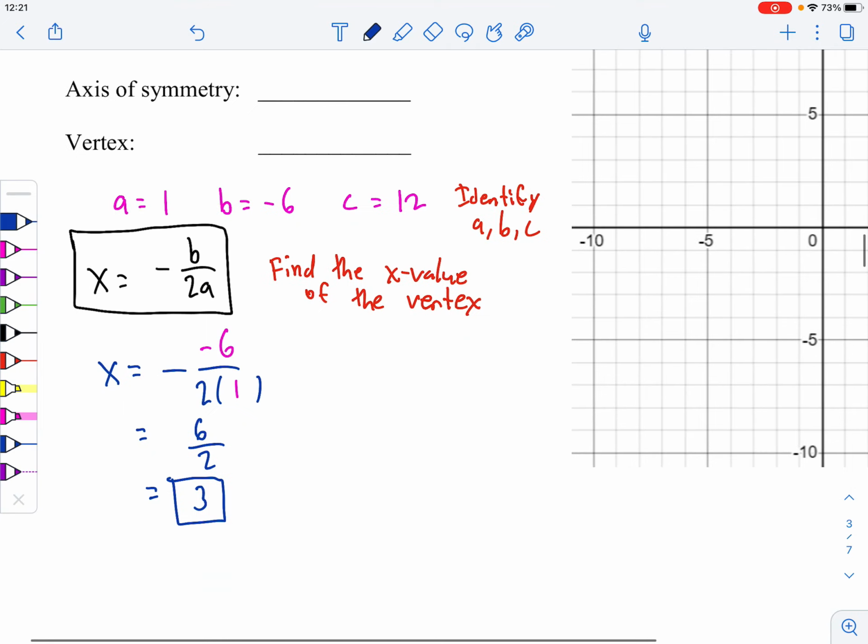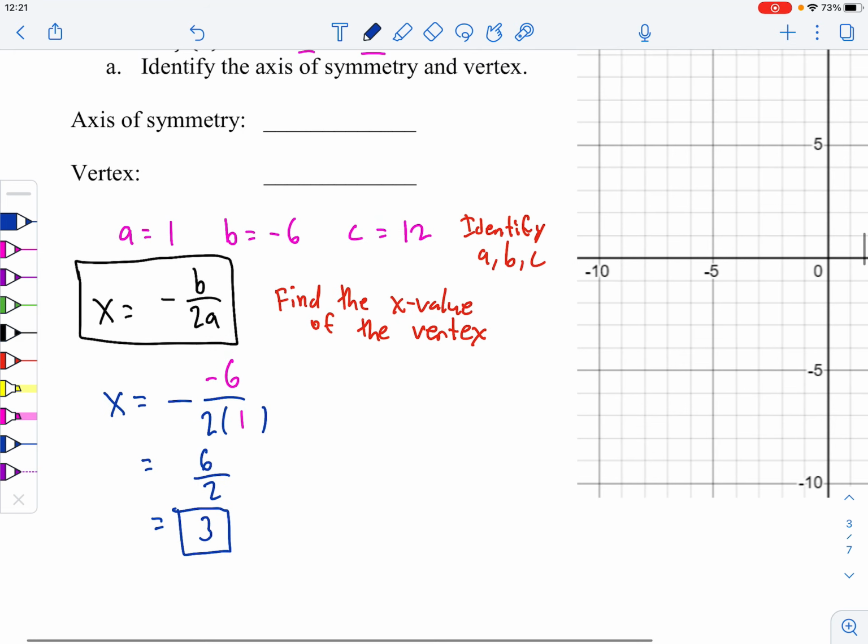So the x value of our vertex is 3. So our vertex here is 3, comma something. Our axis of symmetry is that same thing, remember that? The x value of the vertex still gives you the axis of symmetry. x equals 3.